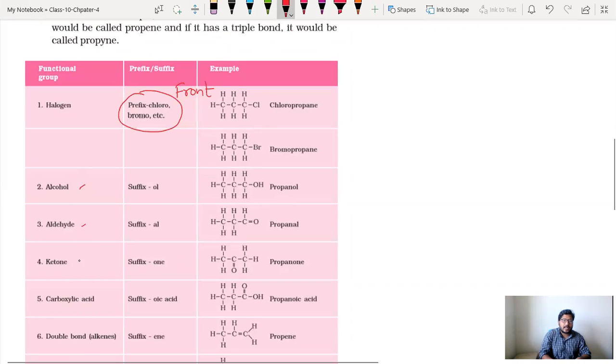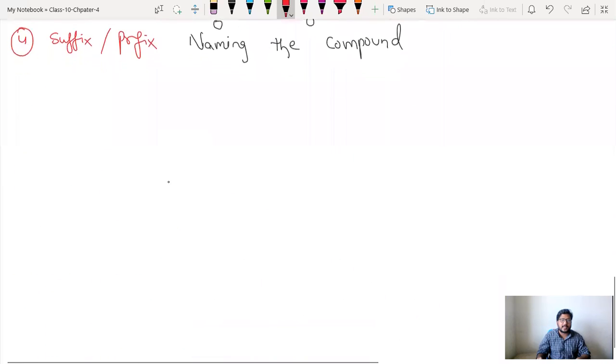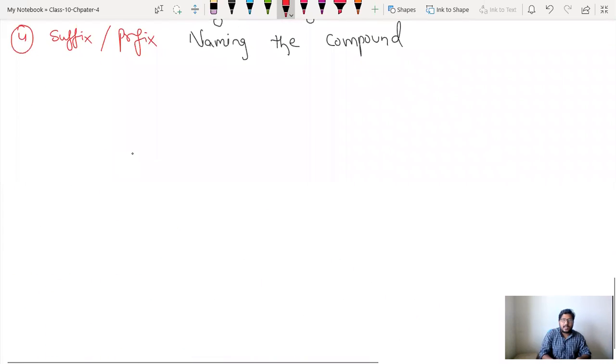Alcohol, aldehyde, ketone, carboxylic acid will be suffix. Suffix means back or last. We'll try to understand what is front and what is last with 2 to 3 examples. Definitely you'll get an idea.